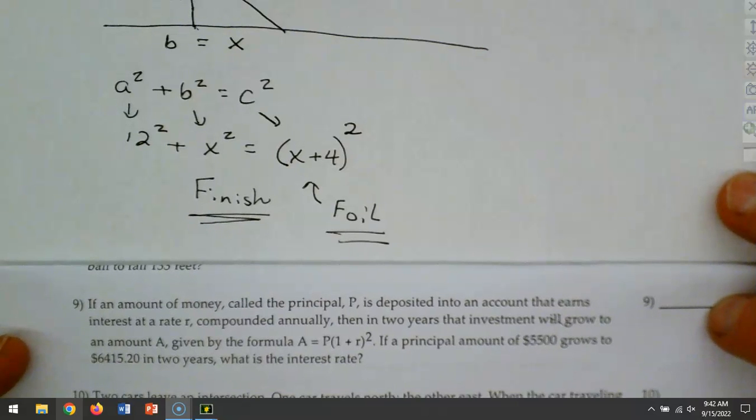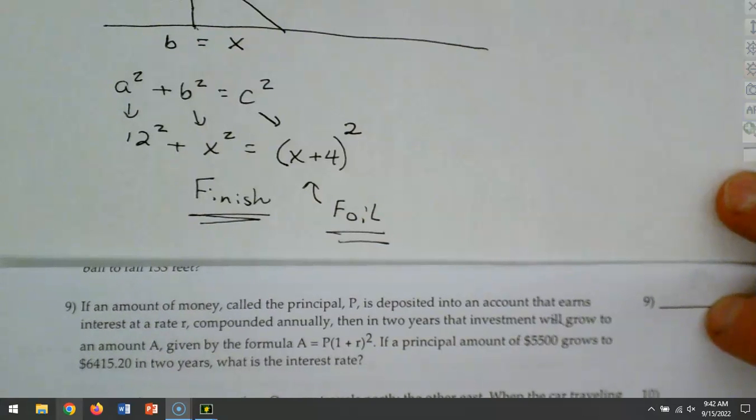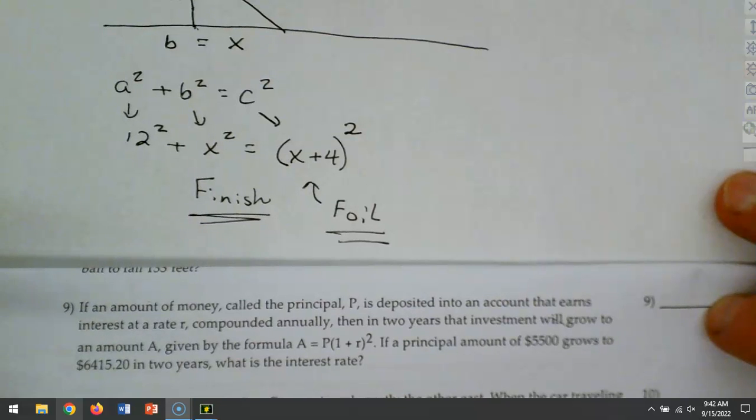So question 9 is interest. And this is compound interest. We've only covered simple interest so far. But in a later chapter, we're going to be looking at compound interest.